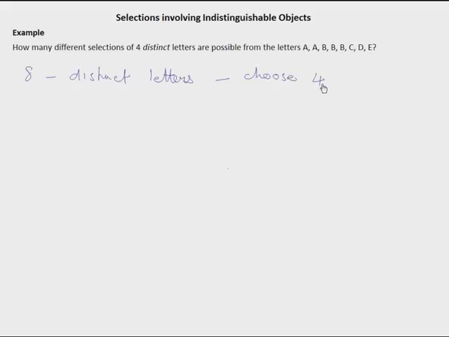Choose 4. That answers 8 choose 4. That's a question we've treated many times earlier. Now the letters are not distinct. There are 2 A's, 3 B's, a C, a D, and an E. So among these 8 letters, how many distinct letters do I have? I have just 5 distinct letters: an A, a B, a C, a D, and an E. So we have 5 distinct letters.